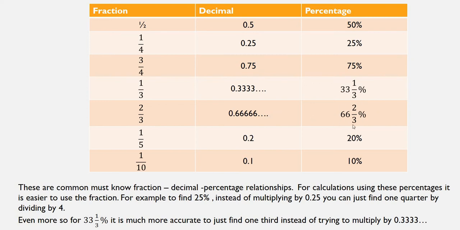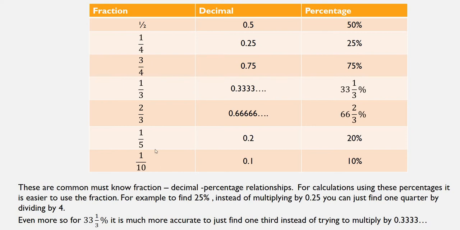But if you see it written on a for sale sign or something like that, you'll often see it written as 66 2/3%. 1/5 is 1 divided by 5, which is 0.2 or 20%, and 1/10 is 0.1 or 10%. So if I had 2/5, it's 2 lots of 0.2, which would be 0.4 or 40%. 3/5 will be 60%, 4/5 will be 80%, and the same again with our tenths.